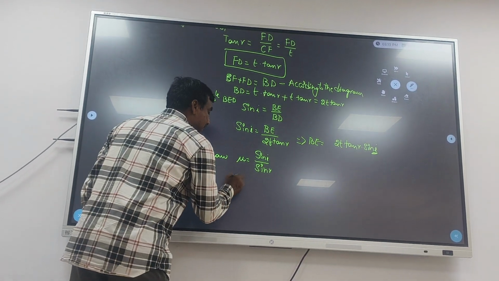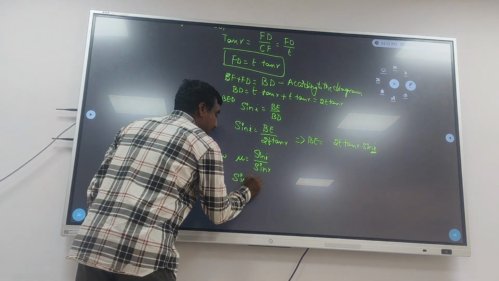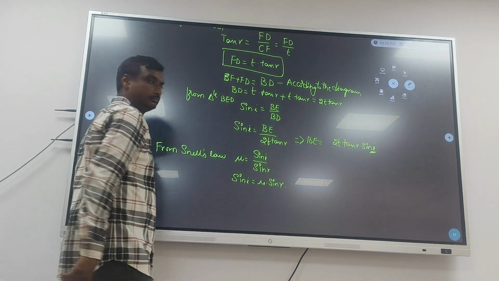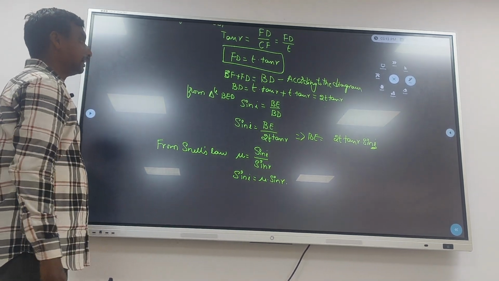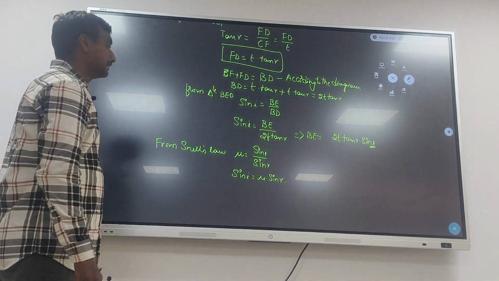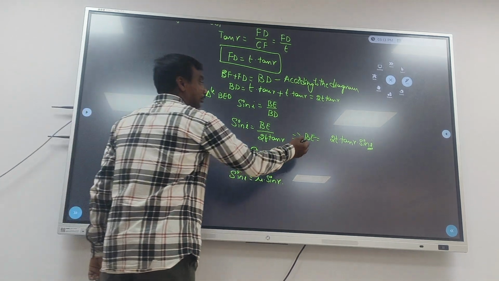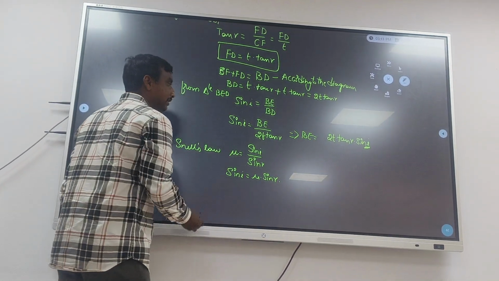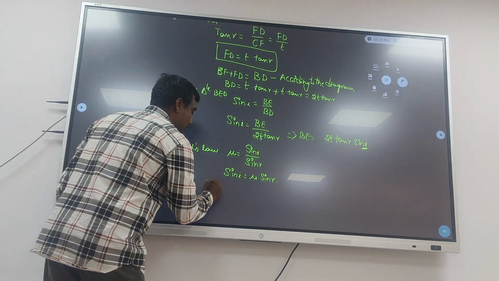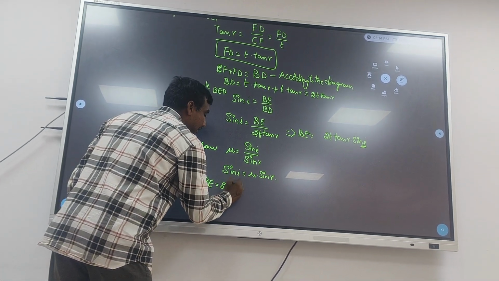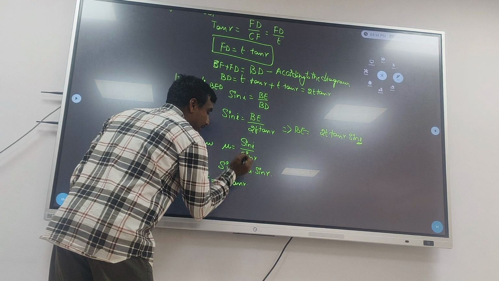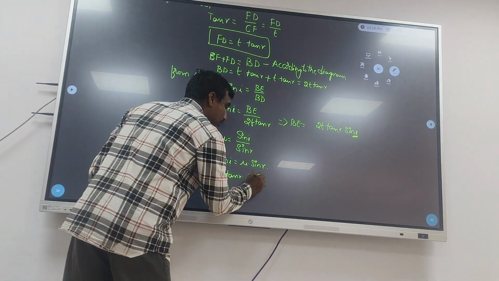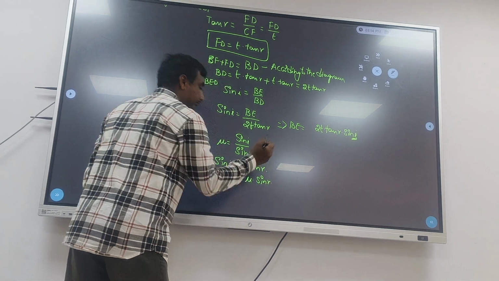So sin i is replaced with mu sin r. So BE is equals to 2t tan r into sin i will be replaced by BE is equals to 2t tan r into mu sin r.